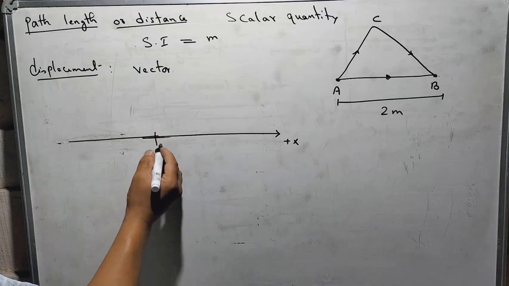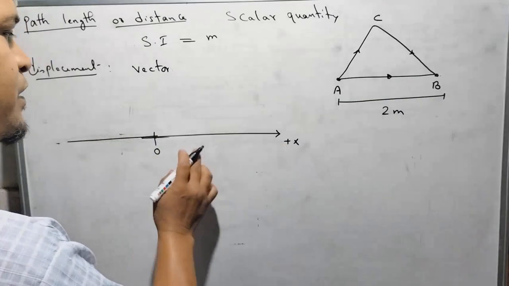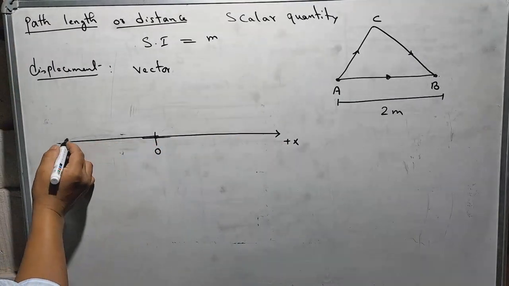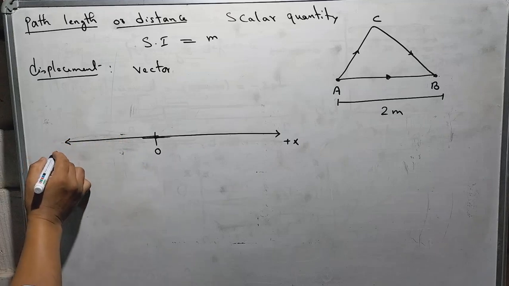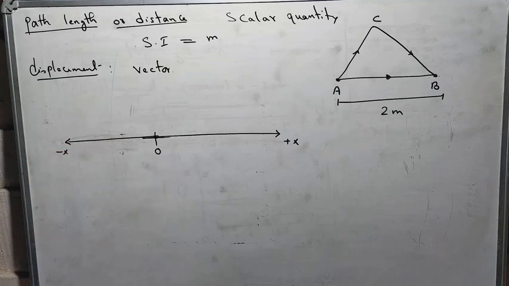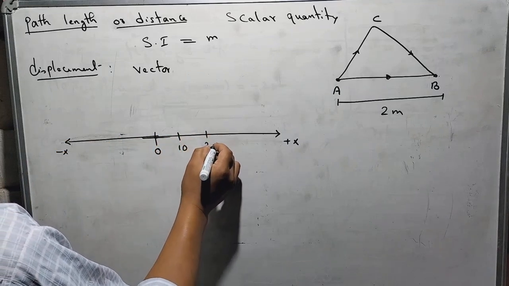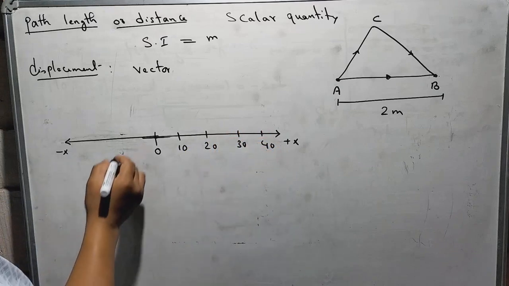This is the origin. From the origin towards right, the positions of x are positive, and from the origin towards left, the positions on the x-axis are negative. Now let us choose these numbers 10, 20, 30, 40, and so on.